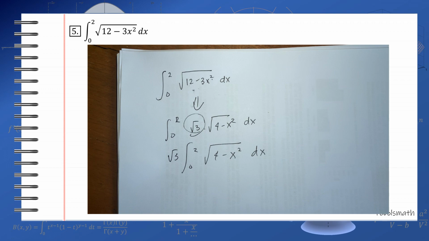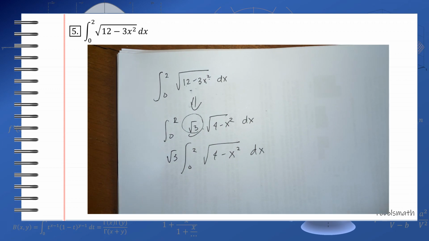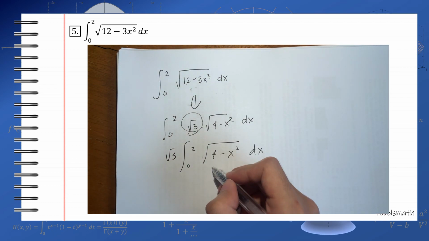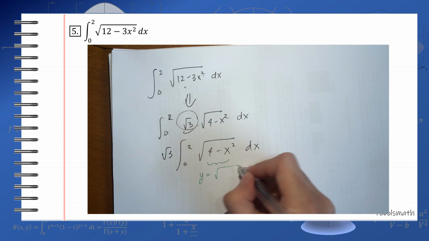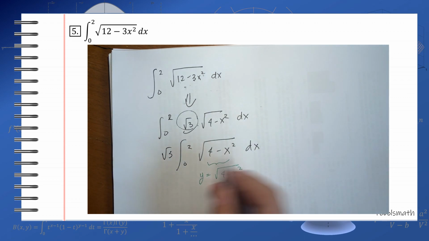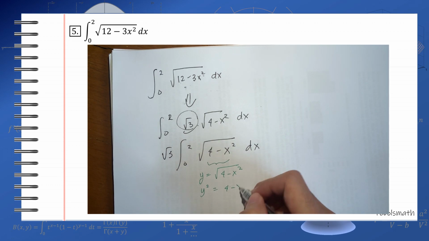Again, you might want to use trigonometric substitution right away, but if I were you, I wouldn't. Because if you notice, this thing here, we just let it equal to y. y is equal to square root of 4 minus x squared. If we square both sides, this becomes y squared is equal to 4 minus x squared.